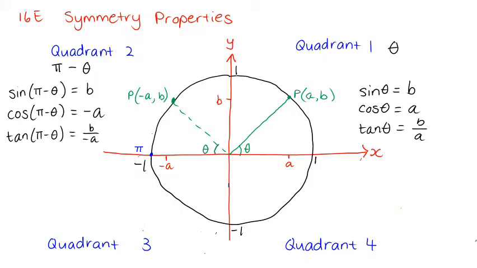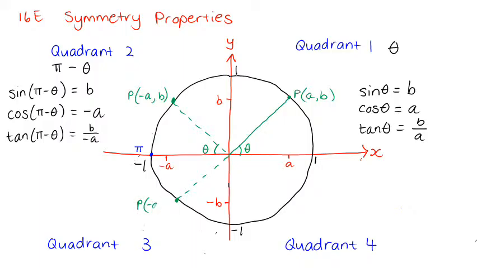Okay? Right. Now, if I draw down to here, this point is the same distance away, so it's just negative B. So what's the coordinates?